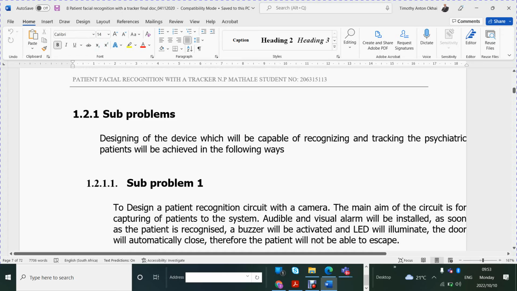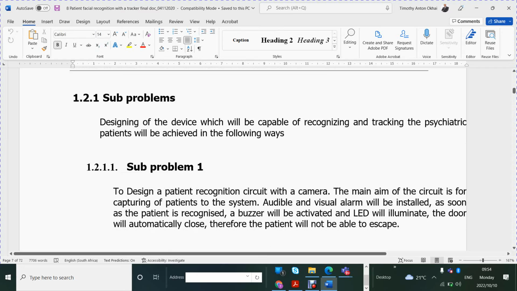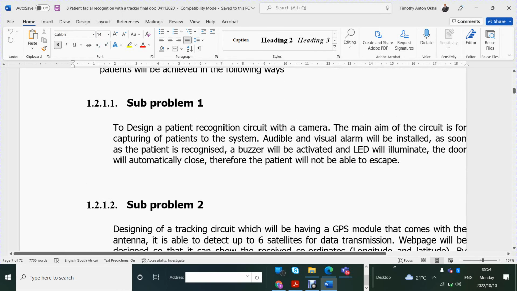To break it down into manageable chunks, which we call sub-problems, she said the designing of the device, which will be capable of recognizing and tracking the psychiatric patients, will be achieved in the following ways. The first sub-problem is to design a patient recognition circuit with a camera. The aim of the circuit is the capturing of patients to the system. An audible and visual alarm will be installed, and so on.